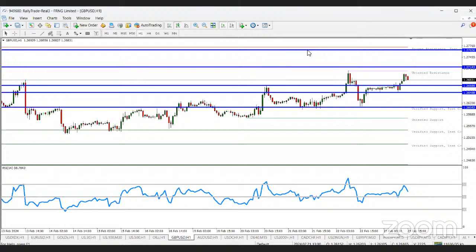I'm looking out to buy first from 1.26480, right? And if it closes above 1.27180, I'm still going to buy.